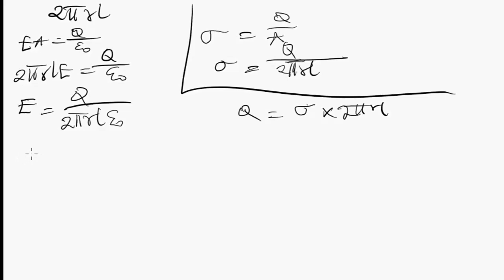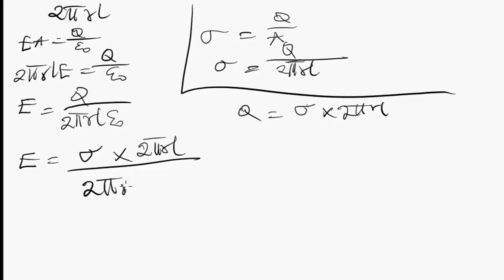So if we have this, we're definitely going to have E to be sigma, which is the surface charge density, times 2 pi RL over 2 pi RL E naught.